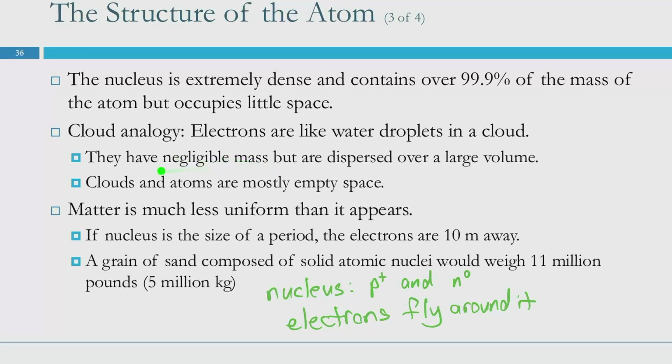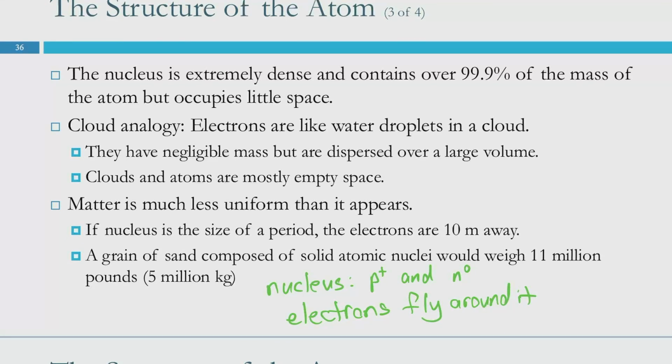The electrons are really small in terms of their mass, but dispersed over an incredibly large area. Because atoms are mostly empty space, matter is actually a lot more empty space than we would probably think it is.